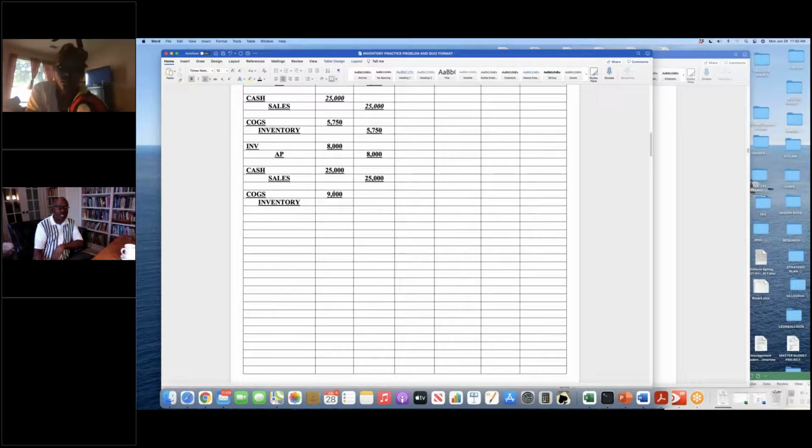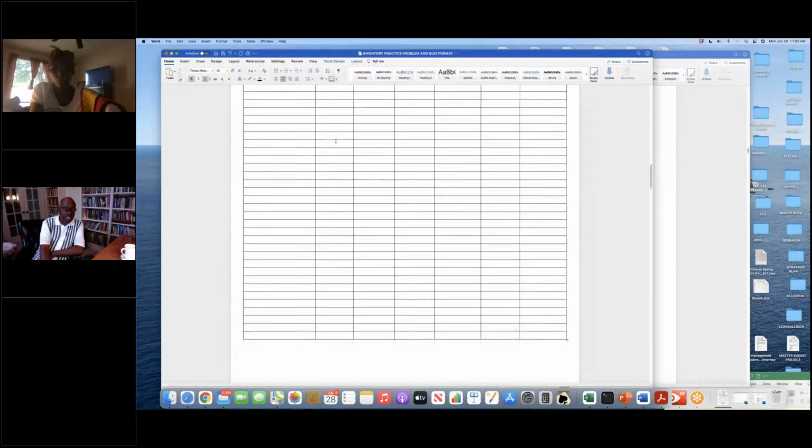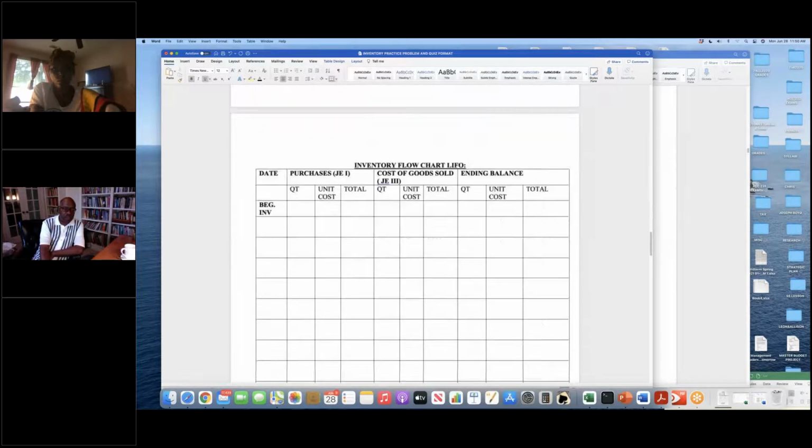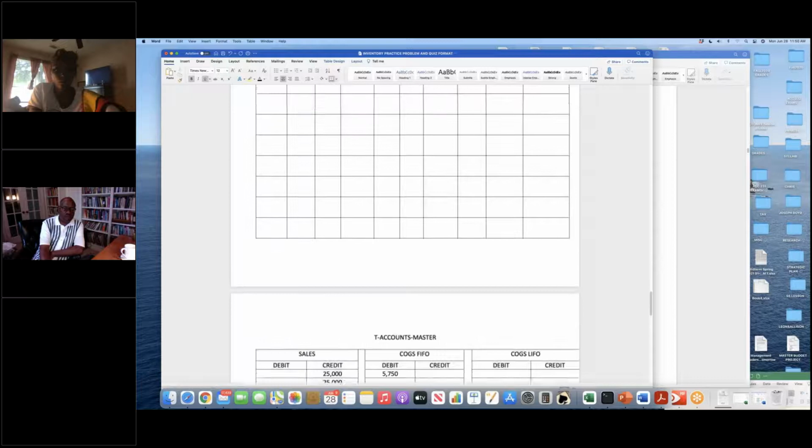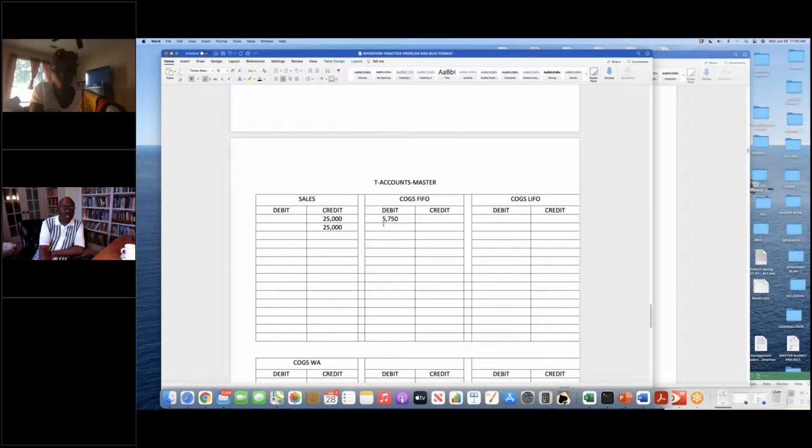You have a lot of transactions as you're selling shoes daily, so you can't just scratch it. You need that card. Now we're going to take this 9,000 and put it here as a debit to cost of goods sold. We could do the inventories and other accounts, and you do it on your comprehensive problem, but I'm just concerned about these numbers right now.